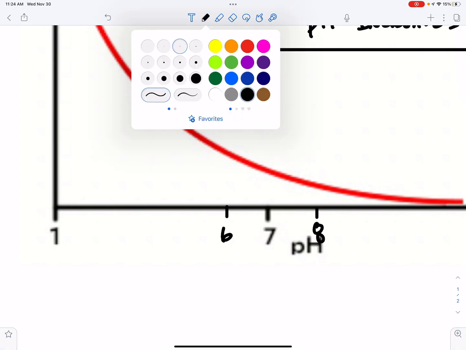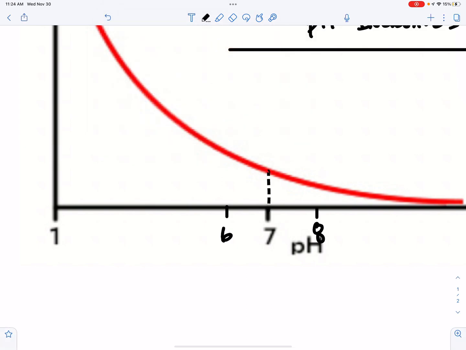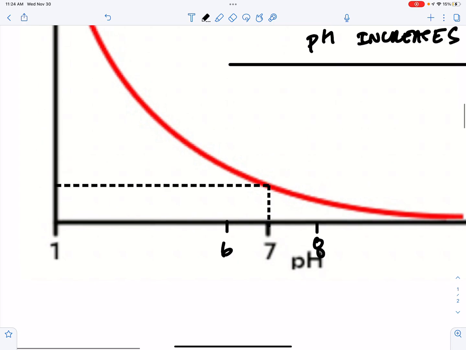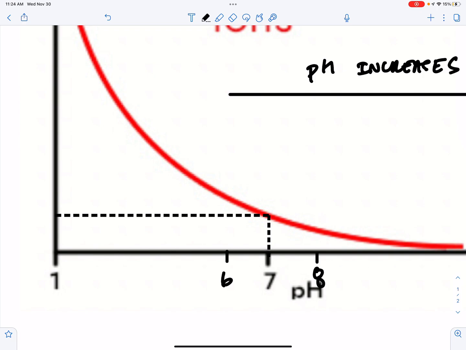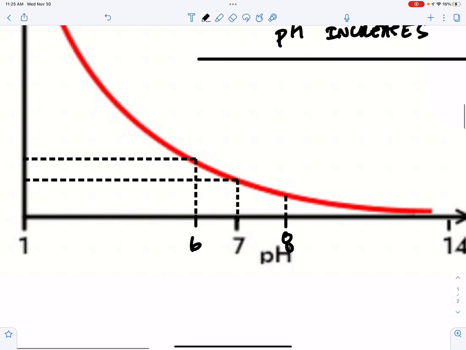If we were to draw some lines on our graph and say, okay, at a pH of 7, our H plus concentration is this. pH of 6, our H plus concentration is this. And a pH of 8, our H plus concentration is this.